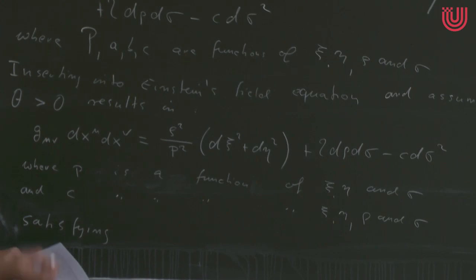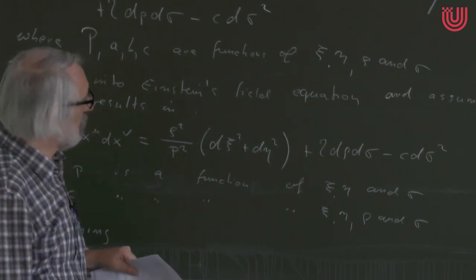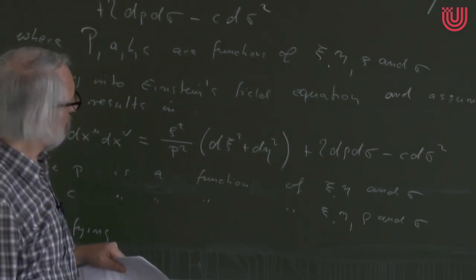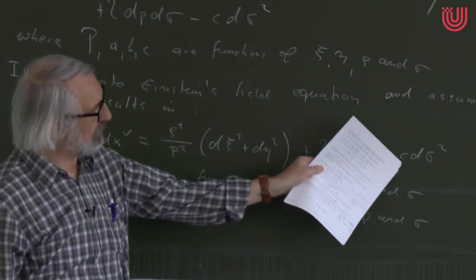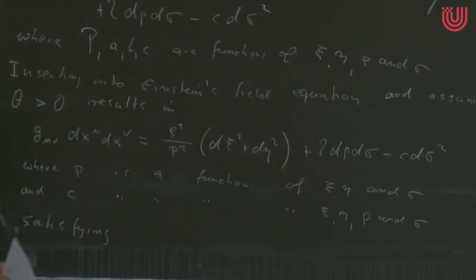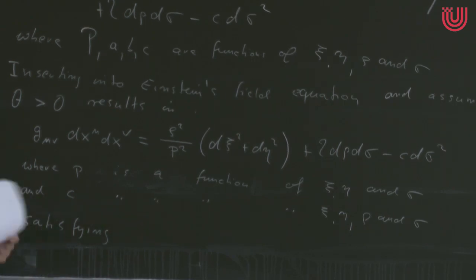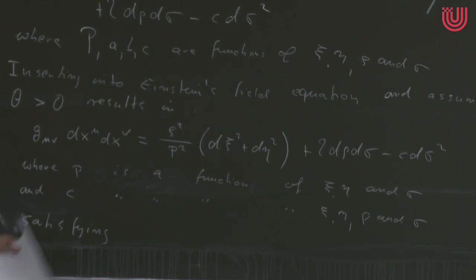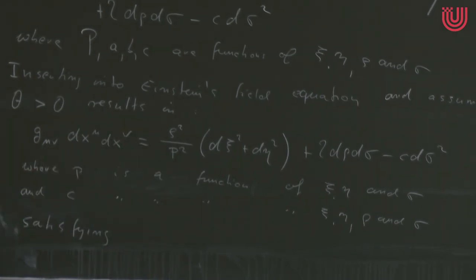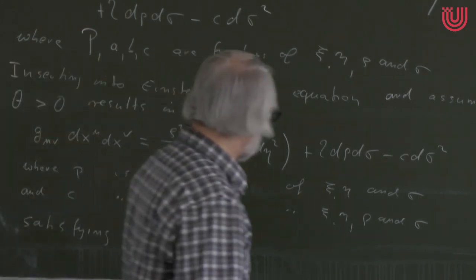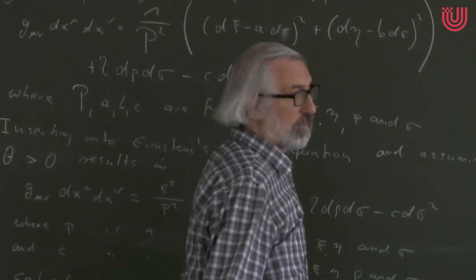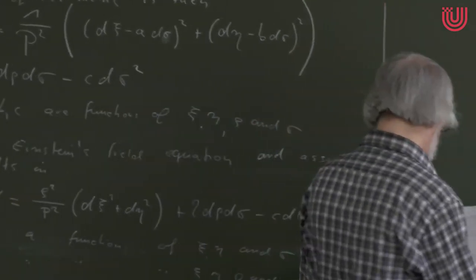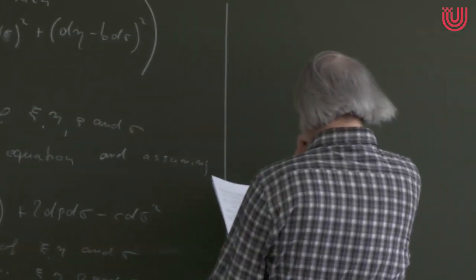But if you differentiate one of these equations two more times, then you see that you can express the C in terms of the P, and you end up with a fourth order differential equation for P. So you can decouple the system by differentiating two more times. With this technique, you have to solve a fourth order differential equation, which is called the Robinson-Trautmann equation. And I'll give it to you in a minute.